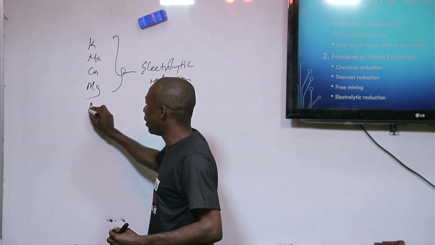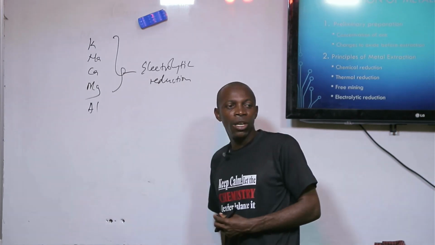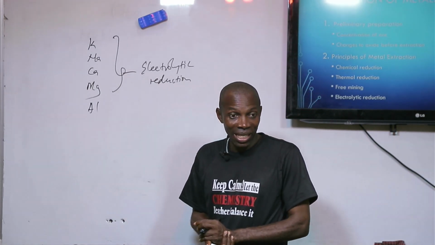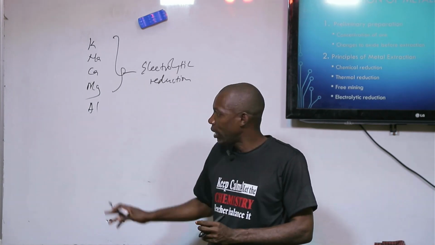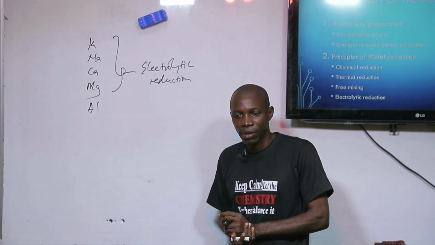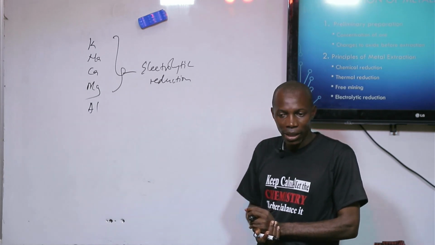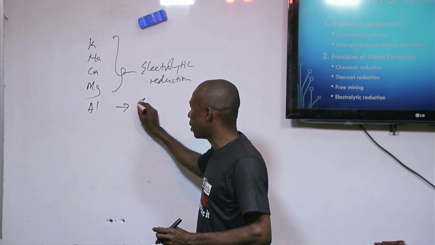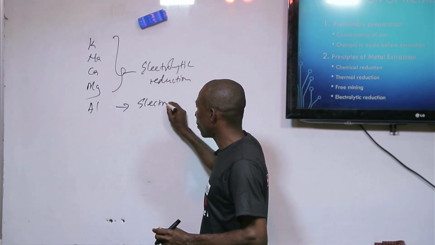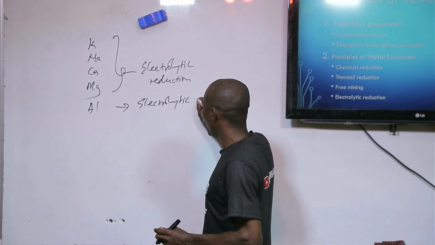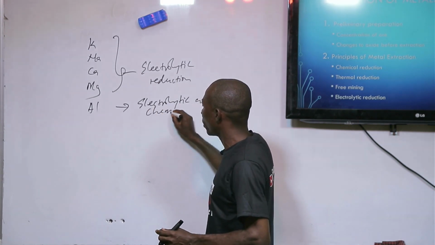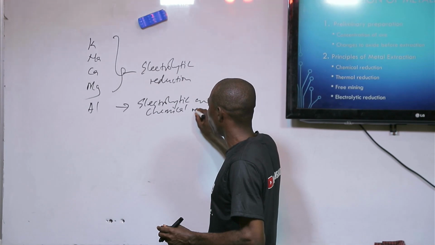When you come to aluminium, aluminium will be extracted by electrolytic reduction and the what? Chemical reduction. That is where the change comes. Aluminium will be extracted by what? Electrolytic and the what? Chemical reduction.